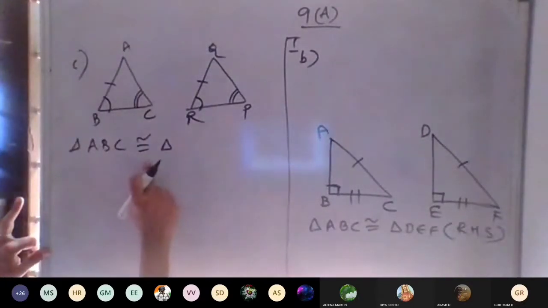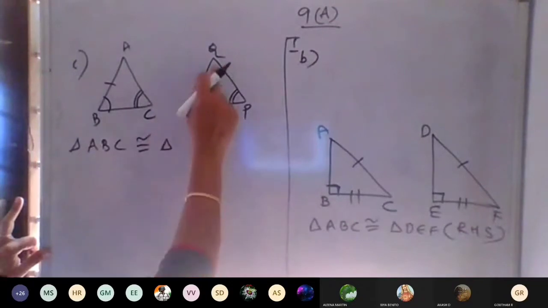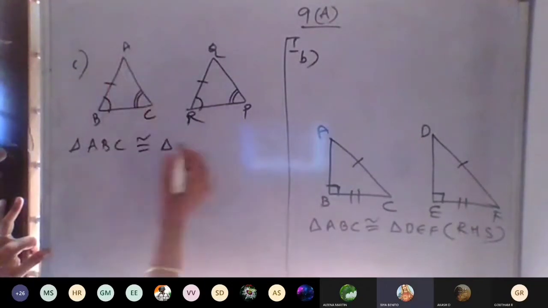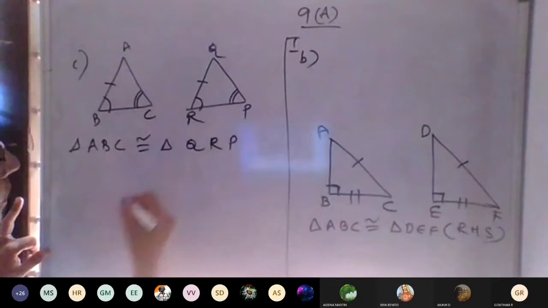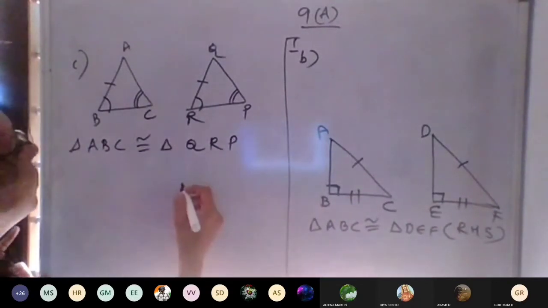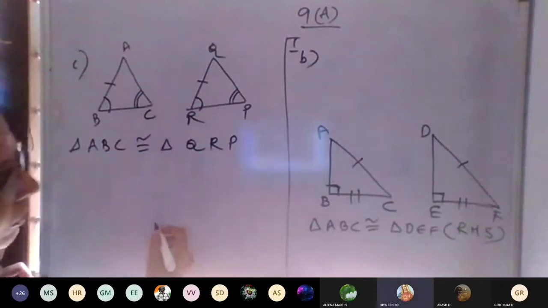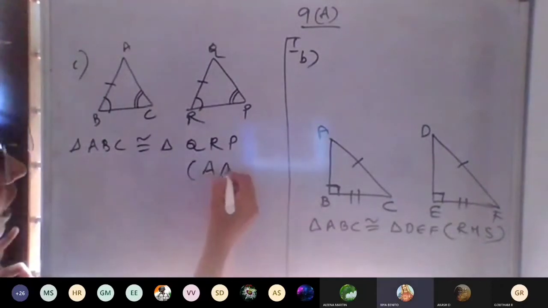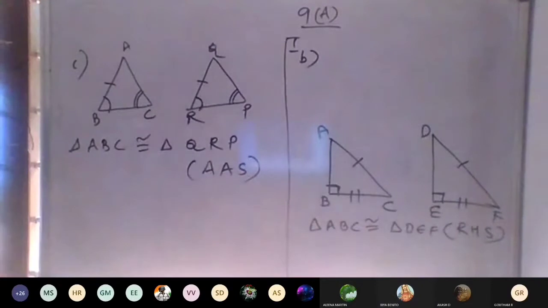ABC is congruent to triangle QRP. Very important. So using which one? AAS.